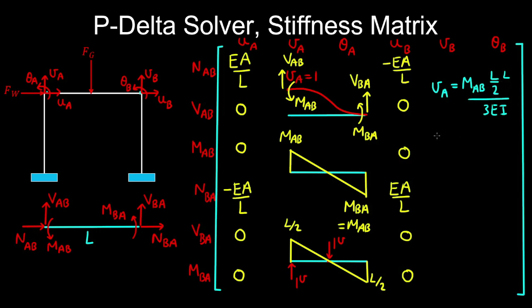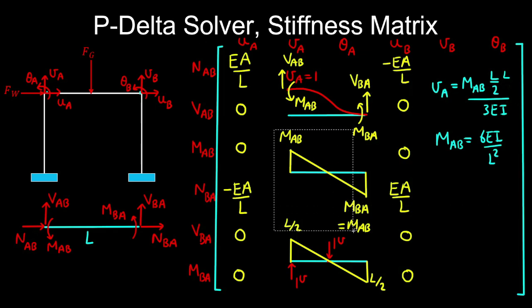If we turn this equation around, we get MAB is equal to 6 EI on L squared by VA, which is a unit displacement. So that's our first stiffness coefficient corresponding to MAB.